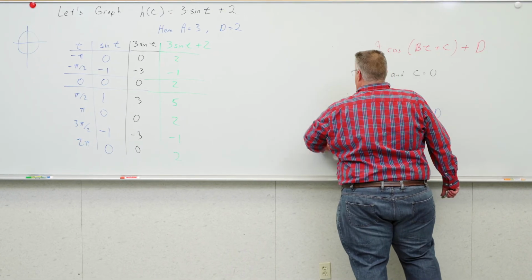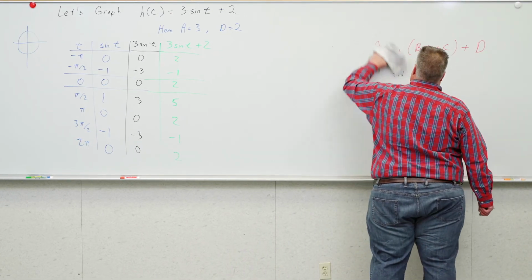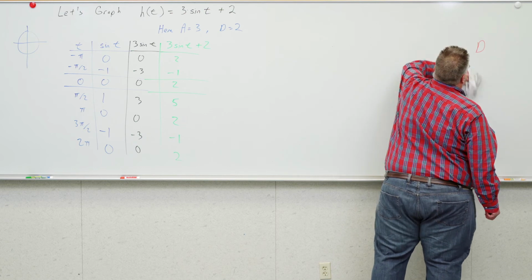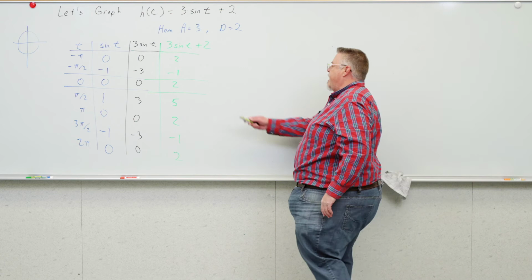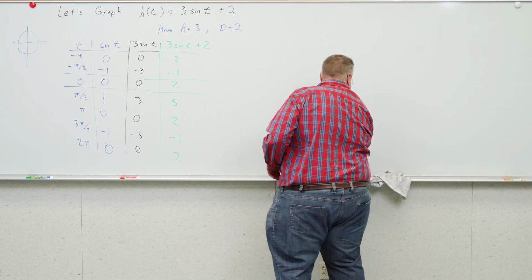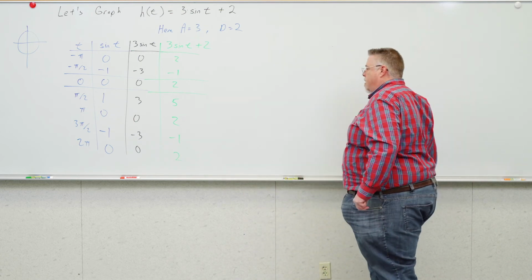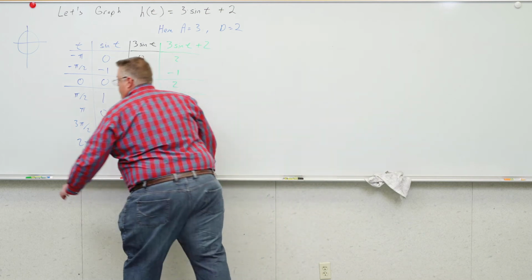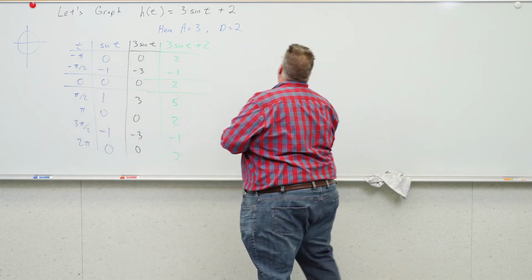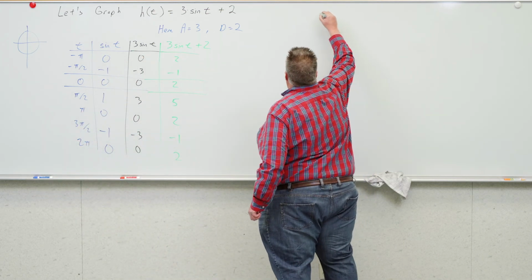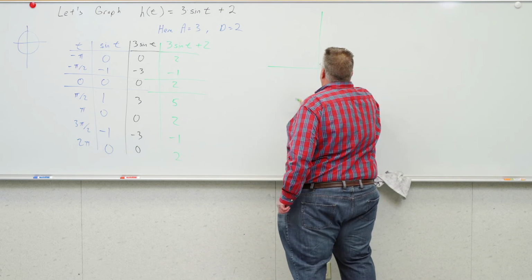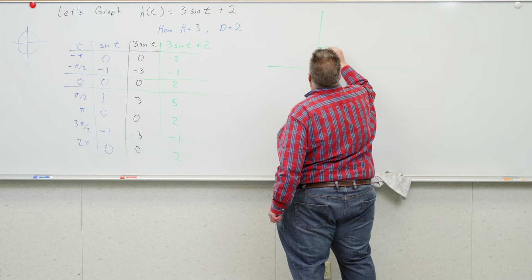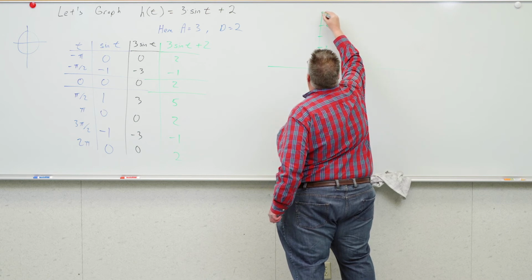So when I label my axes, let's see, I've got to go as high as 5 and as low as negative 1. So more room up top than below. I'm going to go 1, 2, 3, 4, 5.